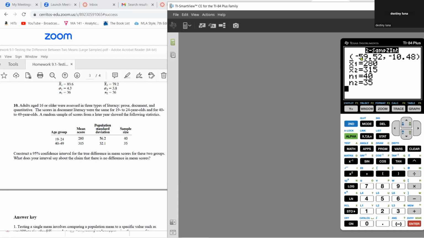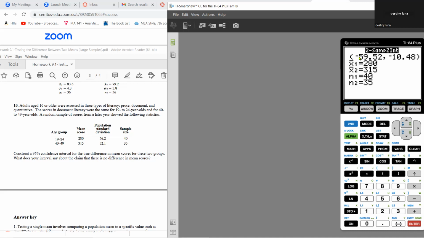Now, the reason the mean differences are negative is that the mean in group 2 was larger. So when it went to subtract, we were taking a small number minus a big number. And so we got our confidence interval.